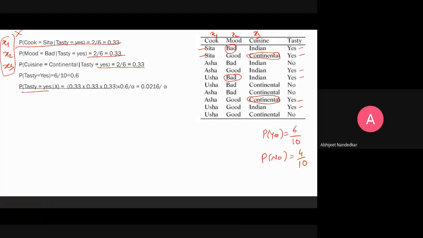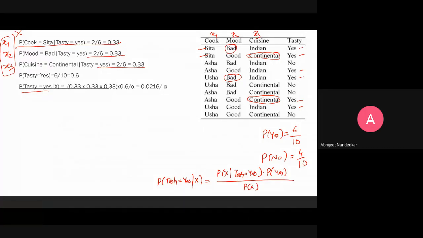Suppose I write here probability of tasty is equal to yes, given input is X. Now capital X means all those 3 variables, so that we can use regular Bayes. Then I will write here X given tasty is equal to yes into probability of yes, divided by probability of X.